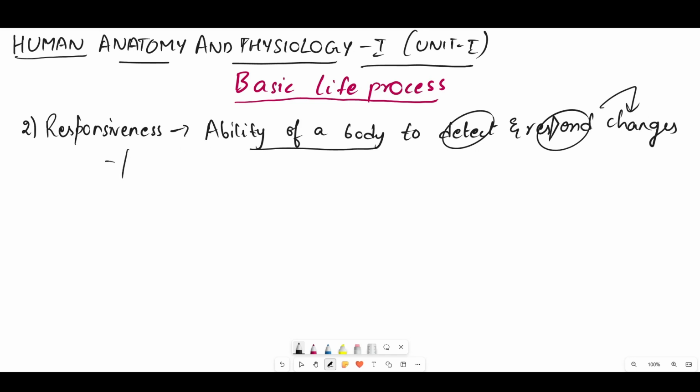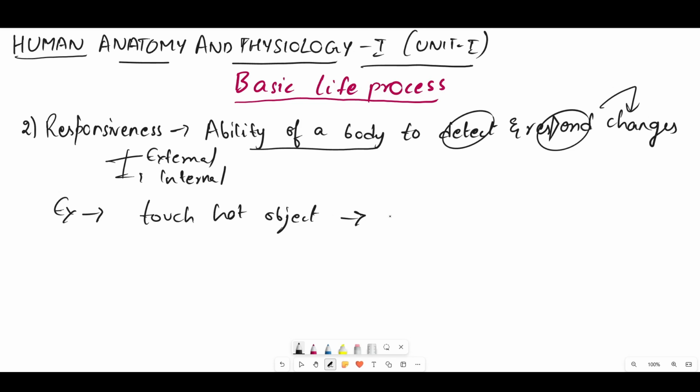These changes can be due to the external environment or the internal environment. For example, if you touch a hot object, you will immediately withdraw your hand. This is responsiveness.